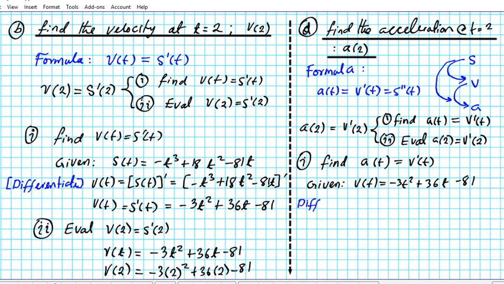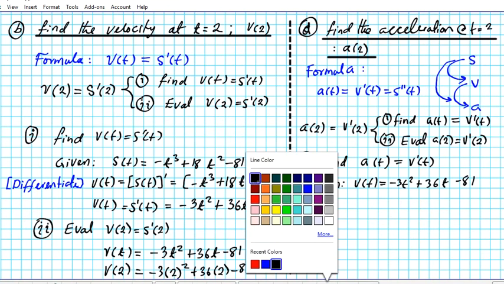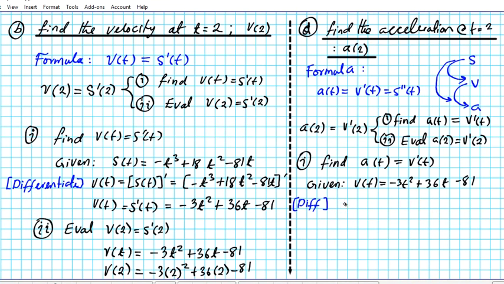So a of t is v prime of t, which means differentiating negative 3t squared plus 36t minus 81.